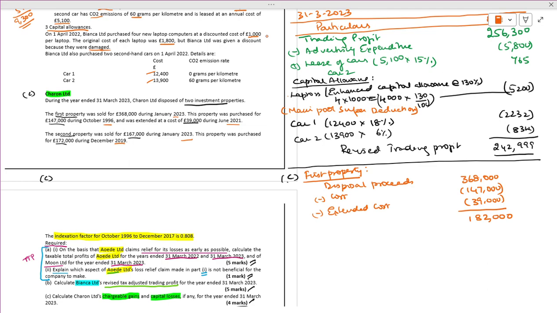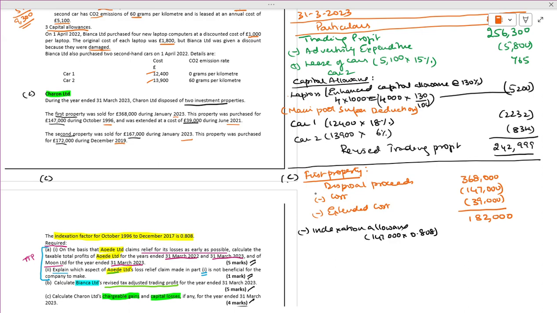See, indexation allowance is not allowed for the extended cost. Indexation allowance is only for the original cost. 147 times how much is given? 0.808.